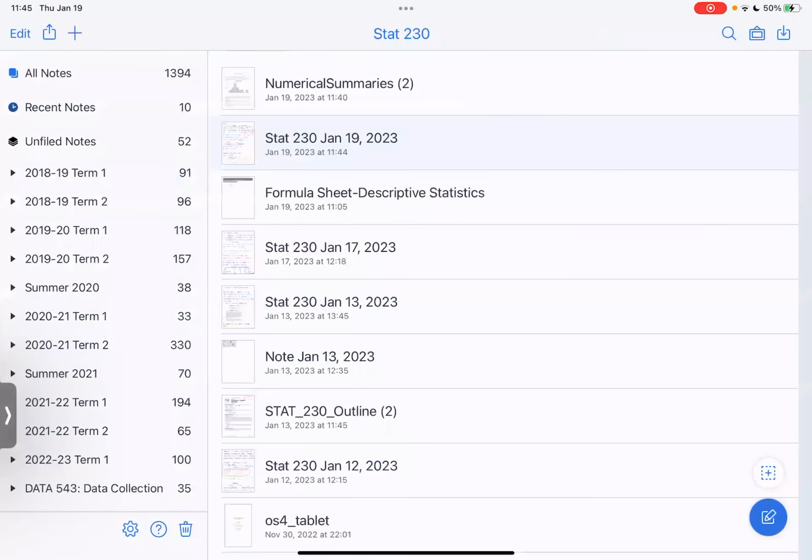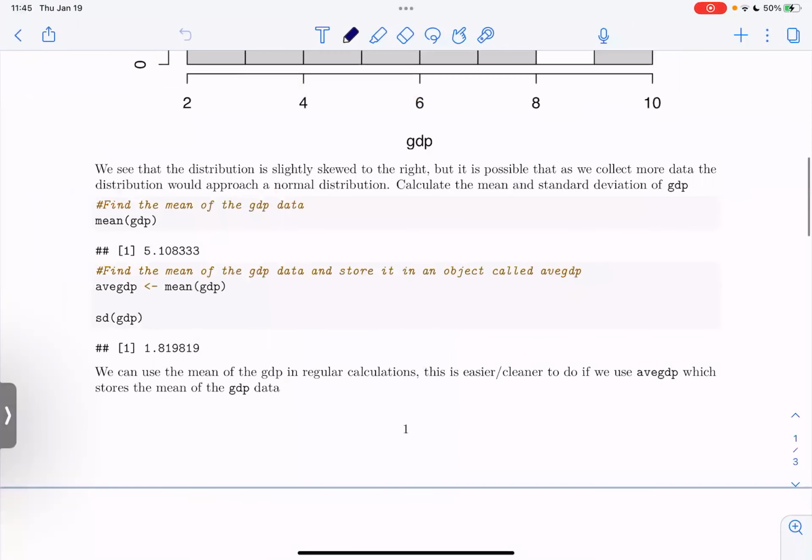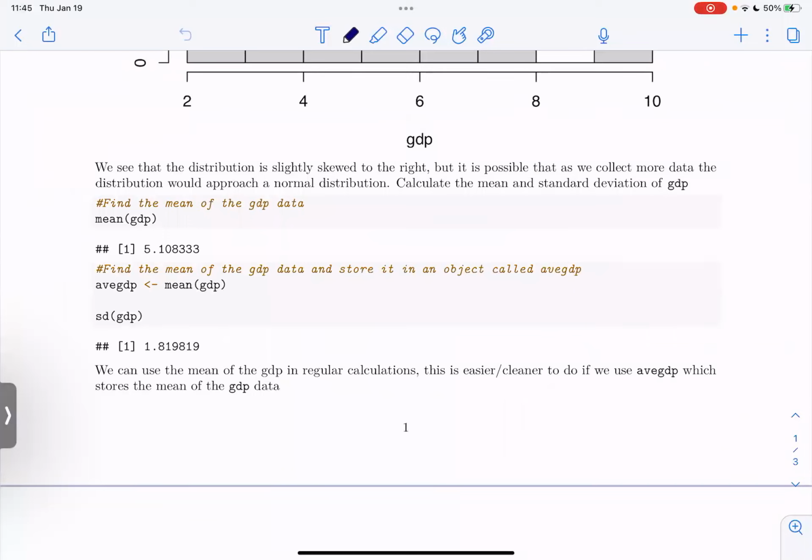Now, for us as humans, it doesn't mean a ton yet. It's just going to be a way to identify what's a reasonable number and what's an unreasonable number for GDP, right?